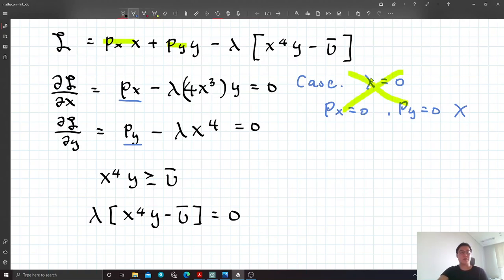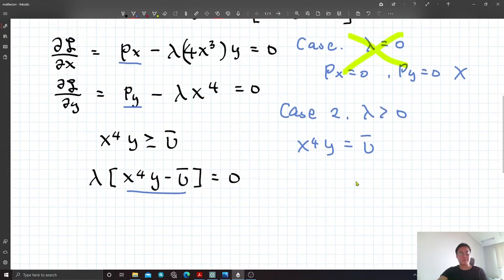So now case 2, lambda is positive. Okay, so if lambda is positive, by the complementary slackness condition, the constraint must be binding. And now lambda is positive, so let me rewrite these two equations.